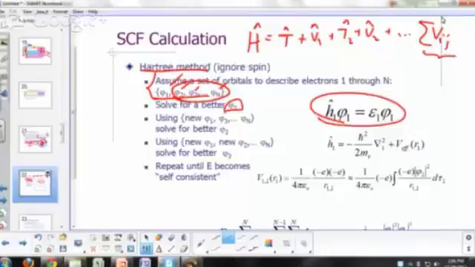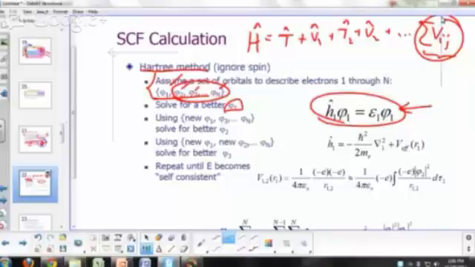What you're doing here is assuming that the potential energy of one particular electron would just be the potential energy of interaction between that electron and the nucleus plus an average term resulting from its interaction with all the other electrons. So you reduce your problem into a one electron problem.